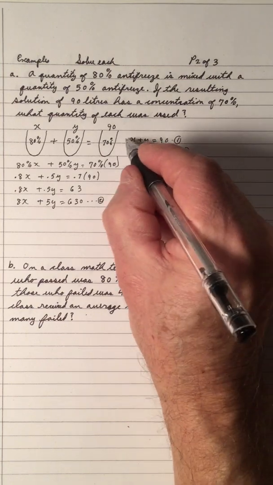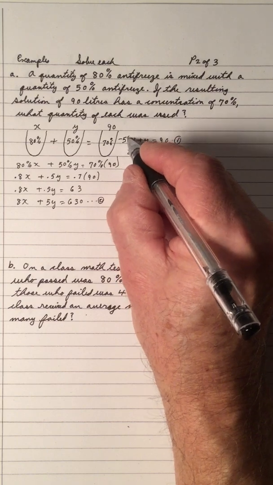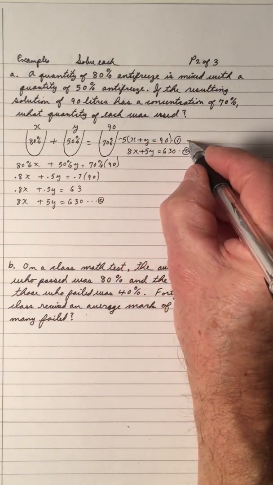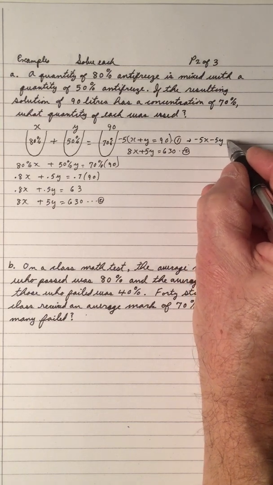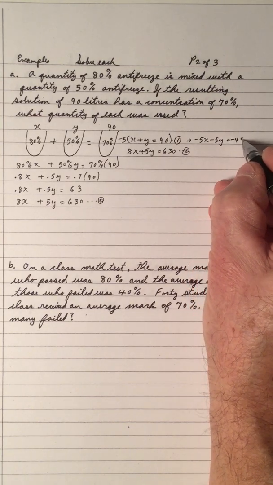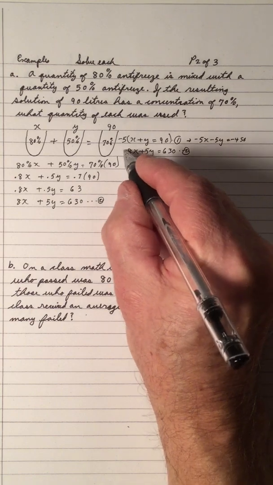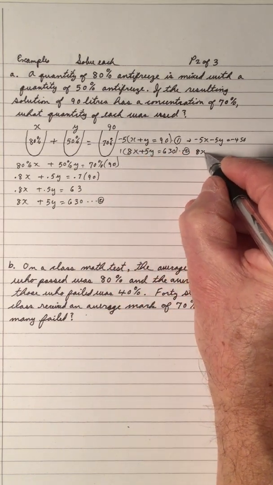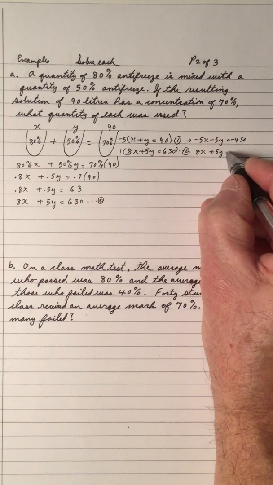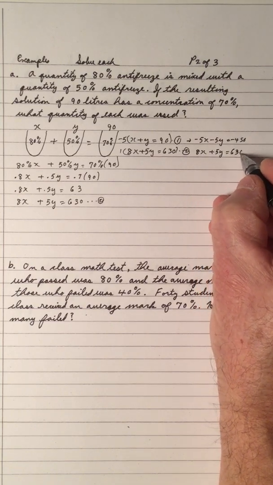If I multiply this equation by -5, I will get -5x minus 5y equals -450. And this equation is multiplied by 1, so it's not going to change. It's 8x plus 5y equals 630.